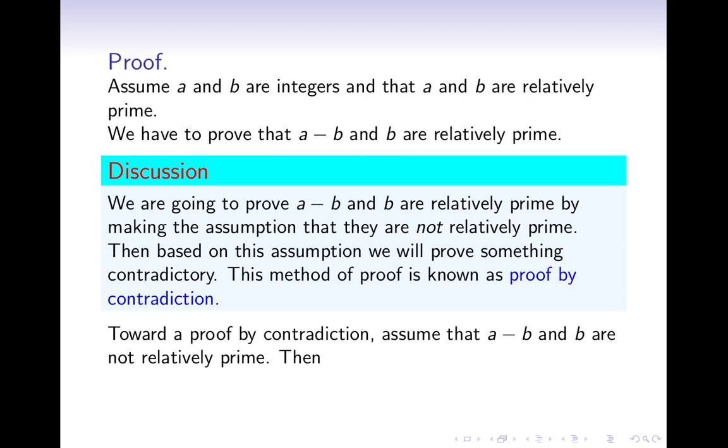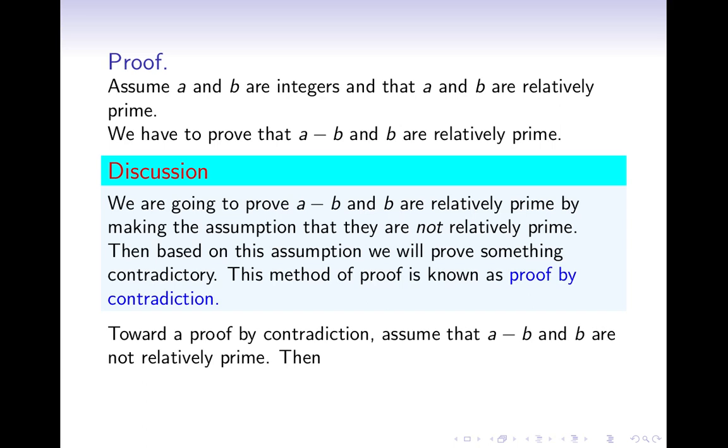So starting the proof, toward a proof by contradiction, assume that a minus b and b are not relatively prime. So the plan is, from that assumption, we want to derive some statement that's contradictory. This is what we can translate into equations.